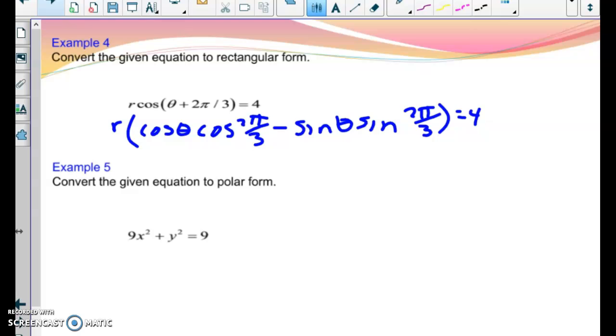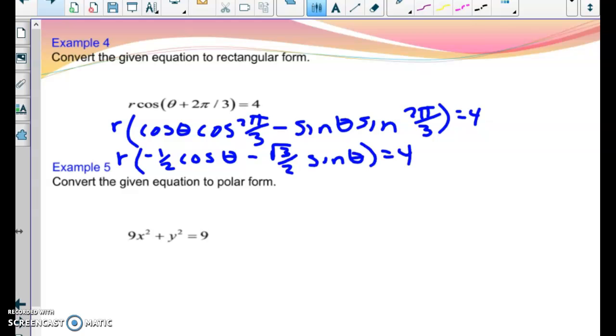And if I do a little bit of simplifying here, I get r times the quantity. The cosine at 2 pi over 3 is negative 1/2. The sine at 2 pi over 3 is square root of 3 over 2.